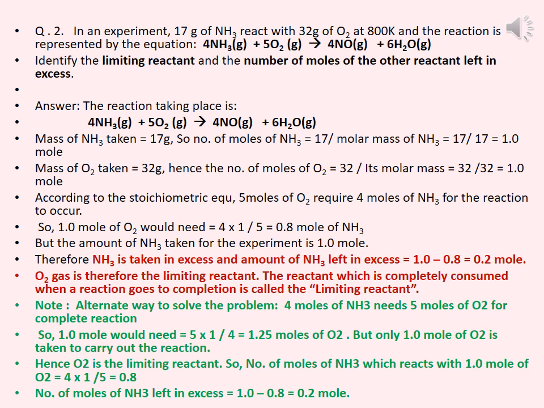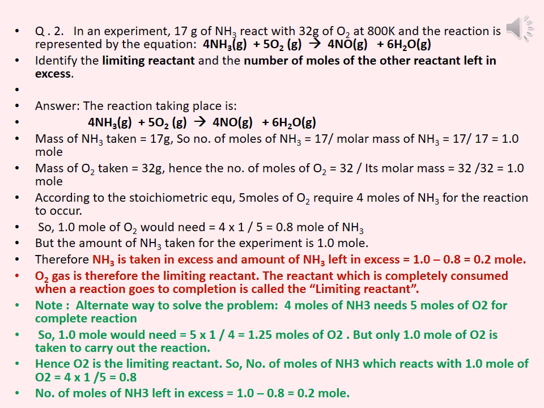Next, in the same way we calculate the number of moles of oxygen gas, which is the other reactant. The mass of oxygen gas is 32, divided by its molar mass, which again is 32. So the number of moles of oxygen gas taken for this reaction is also 1 mole.